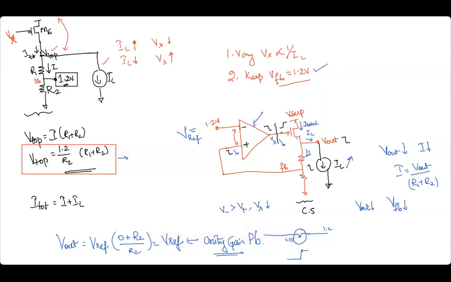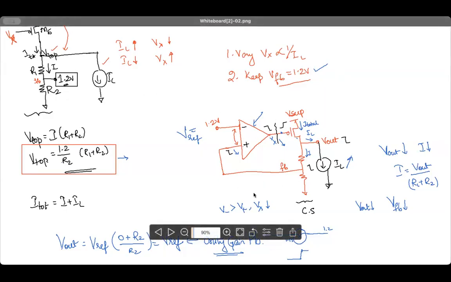And how are we going to achieve that? By having a circuit like this, where FB node is given in negative feedback. And because it is in negative feedback, it will follow VREF because of the virtual short property of any negative feedback circuit.